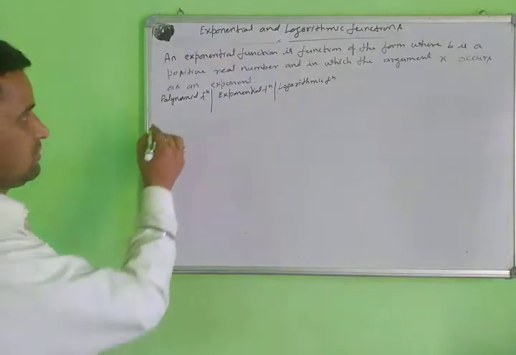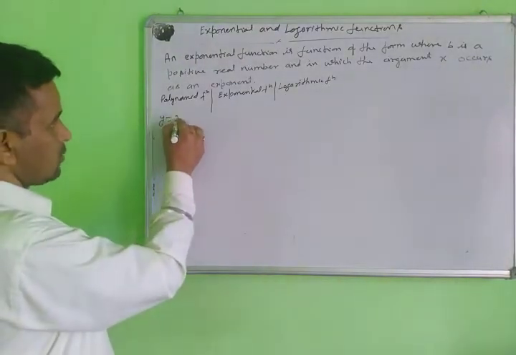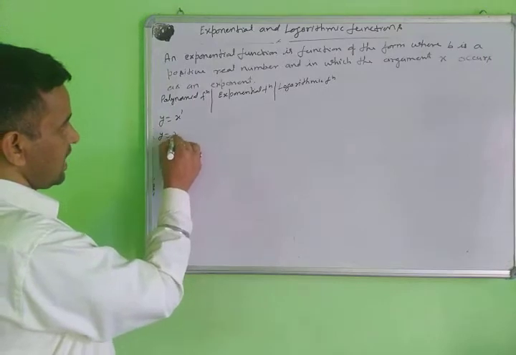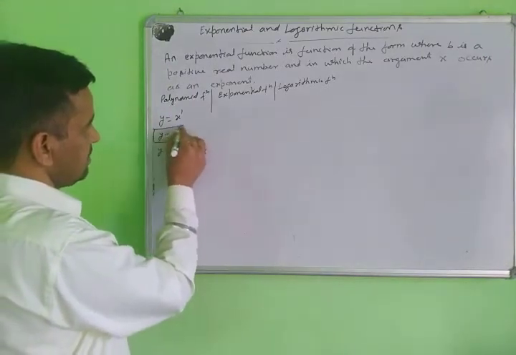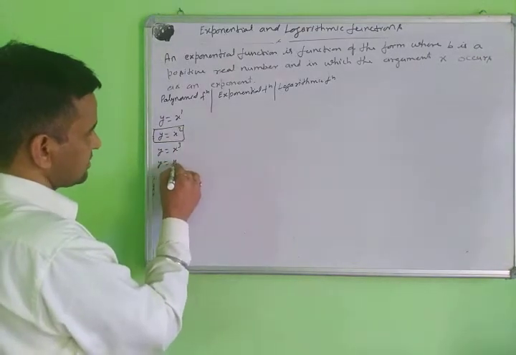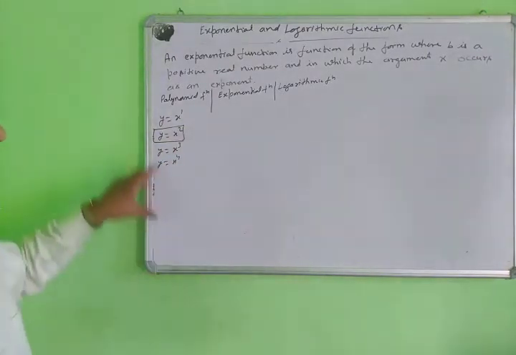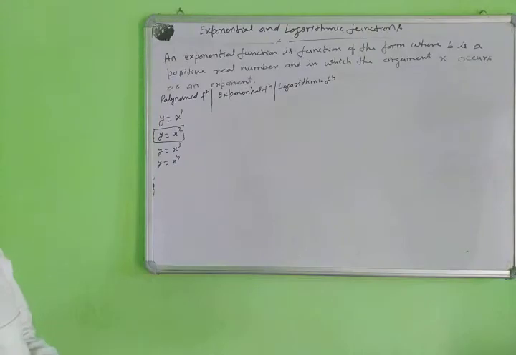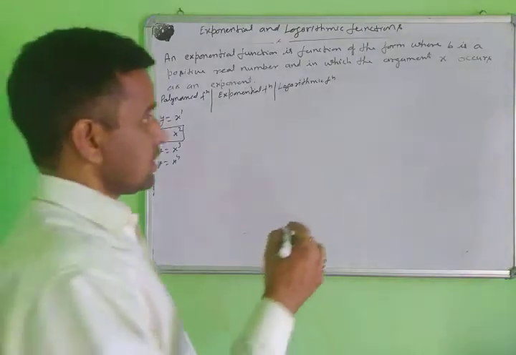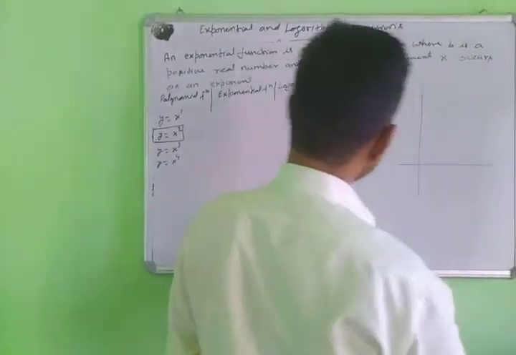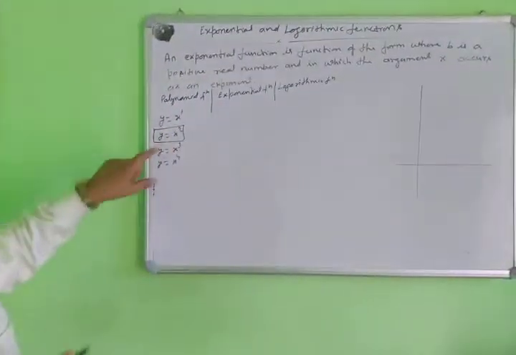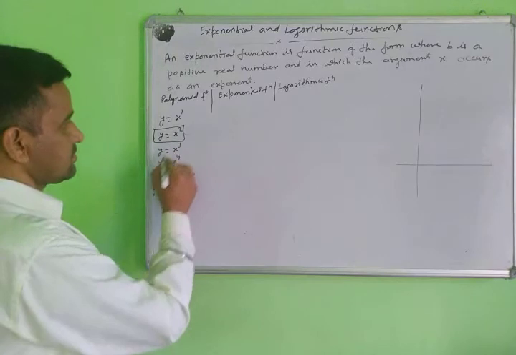Now first we observe y equal to x exponent 1, y equal to x exponent 2, y equal to x exponent 3, and y equal to x exponent 4 also. In this way, these are polynomial functions. Suppose we draw the graph using these points.